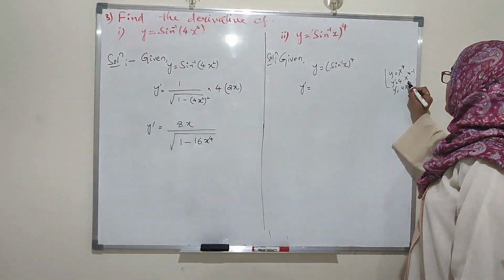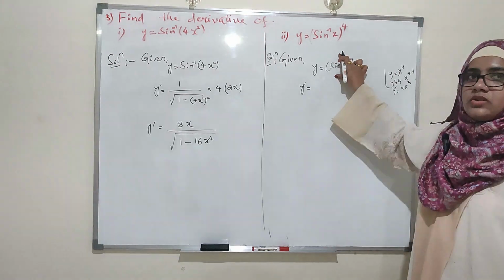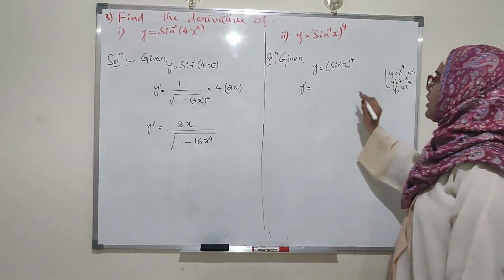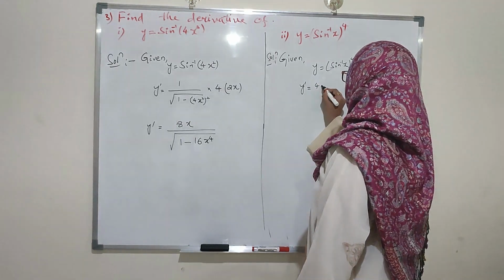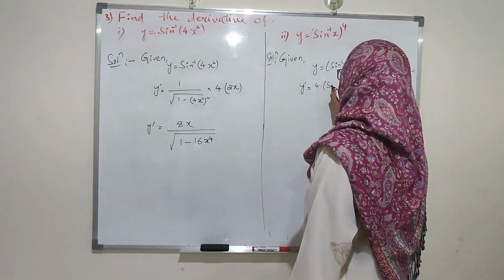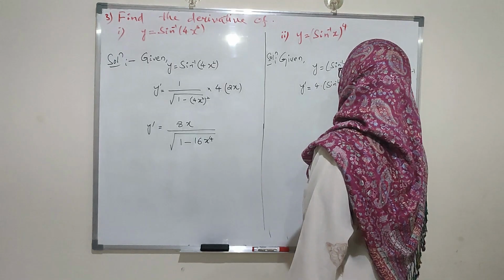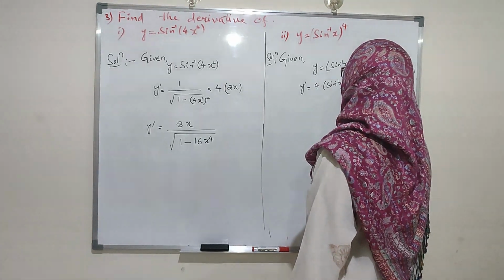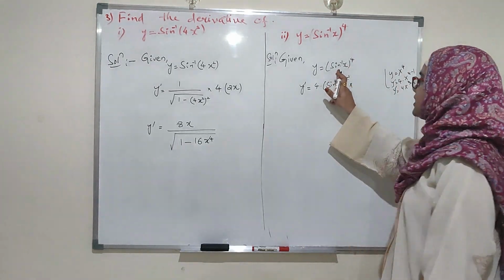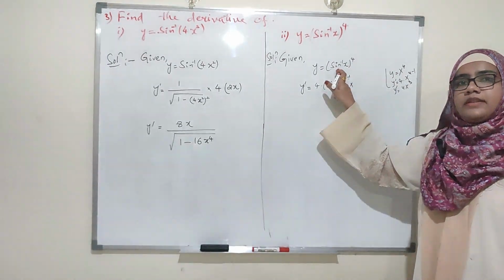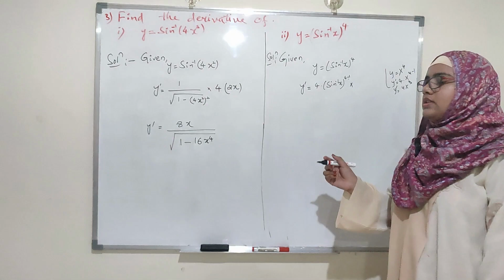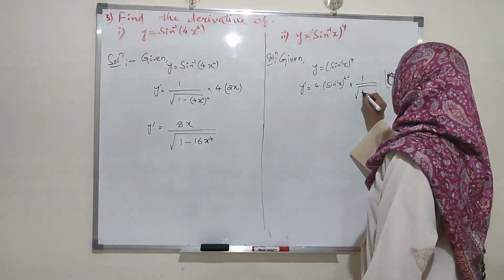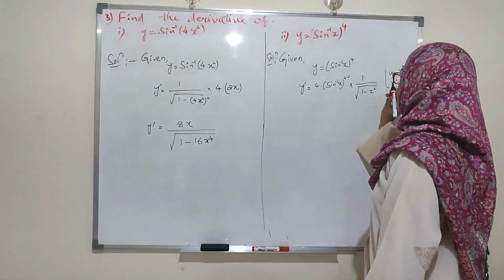So suppose sin inverse of x is one term, raised to 4. Here applying 4 into sin inverse of x raised to 4 minus 1, into, now we have to differentiate sin inverse of x. We all know that the differentiation of sin inverse of x is 1 divided by under root of 1 minus x square.